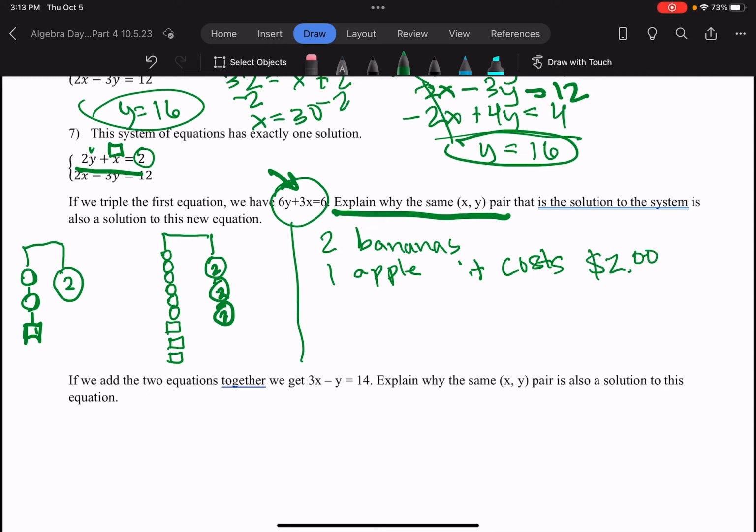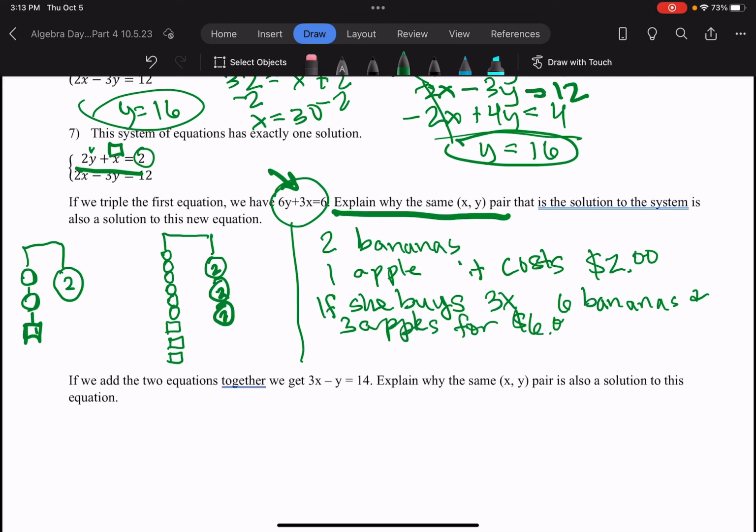Now, if she buys 3 times as many, she'll have 6 bananas and 3 apples for $6.